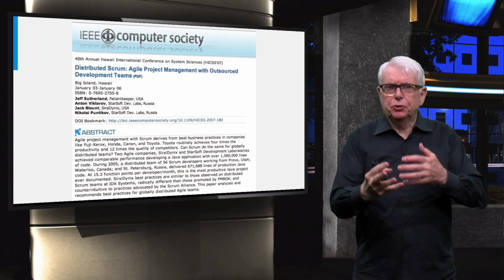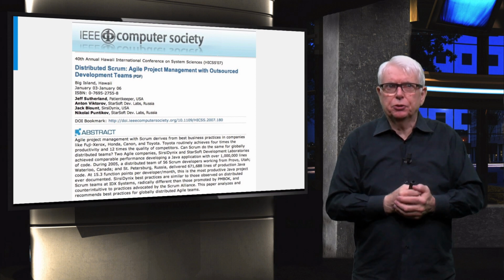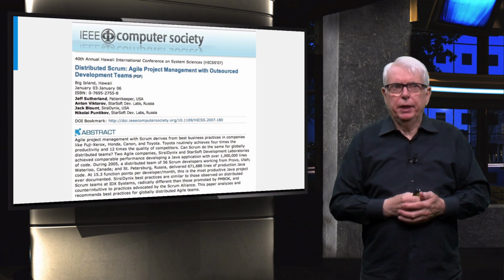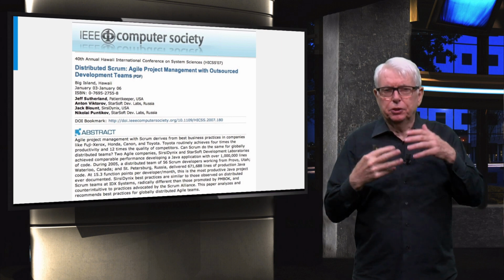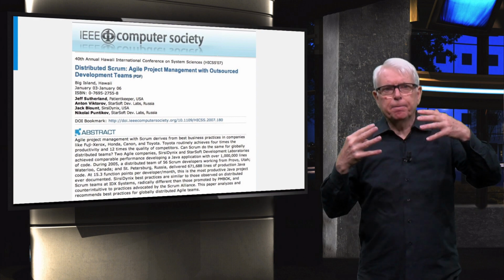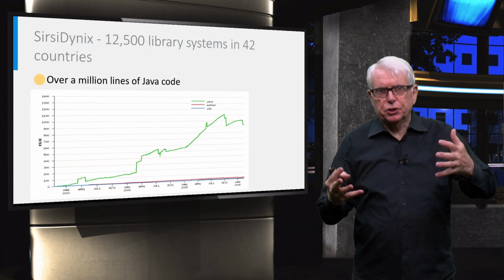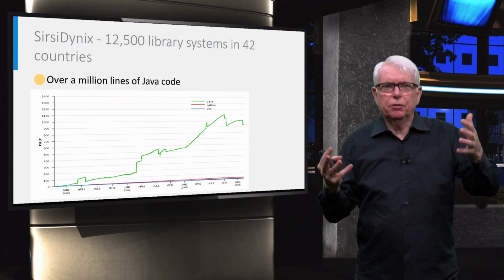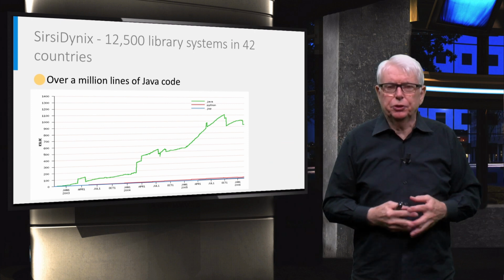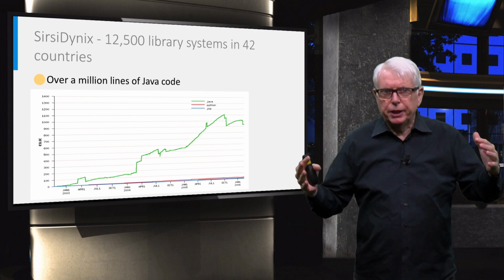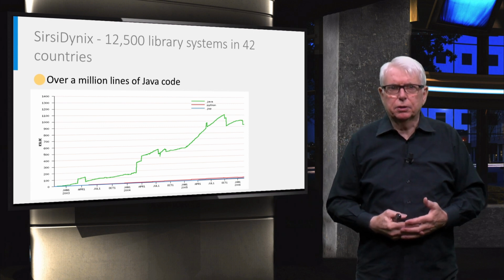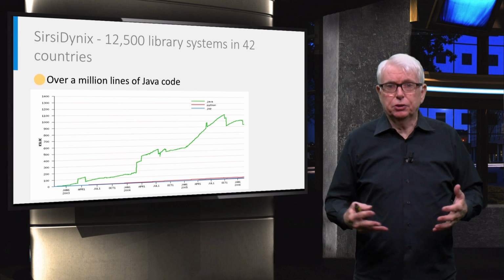There's a paper published in the IEEE library on distributed Scrum about a company called initially Dynix, acquired by Circe Dynix. They were a library system company with more than 12,000 library systems installed in 42 countries. They wanted to upgrade their technology to the latest web infrastructure. It was going to take over 1 million lines of Java code.